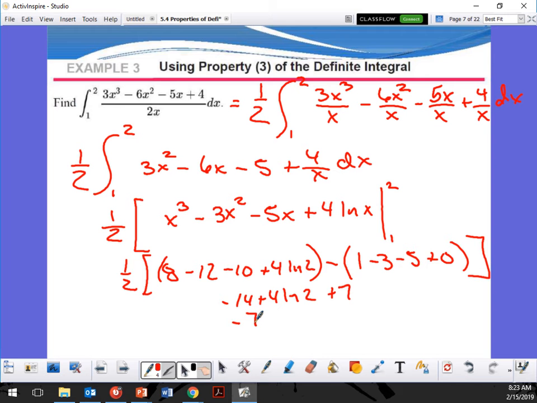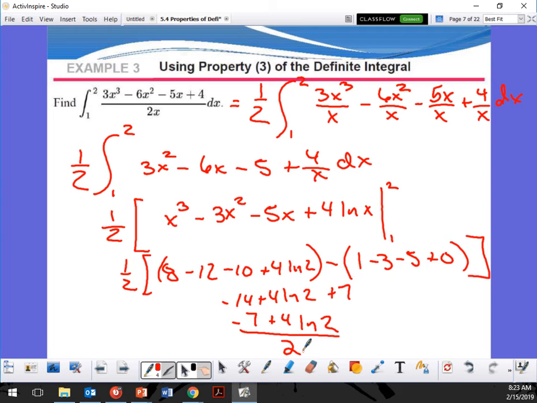Negative 7 plus 4 ln of 2. Okay, and all that, my answer is going to be over 2.